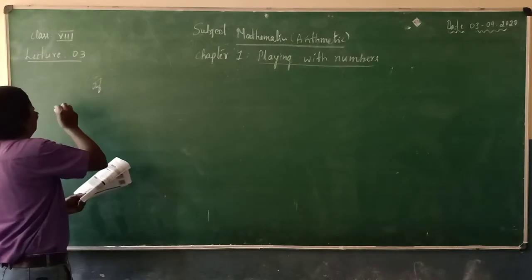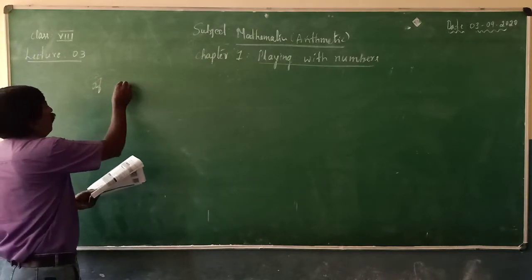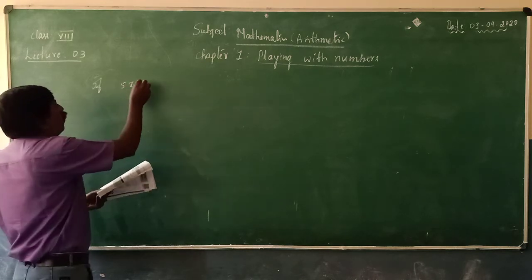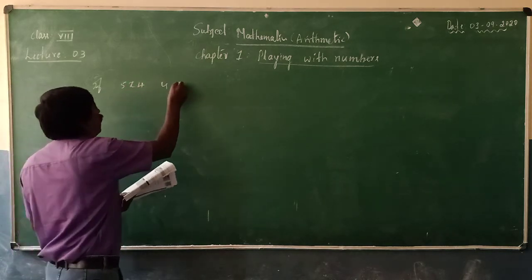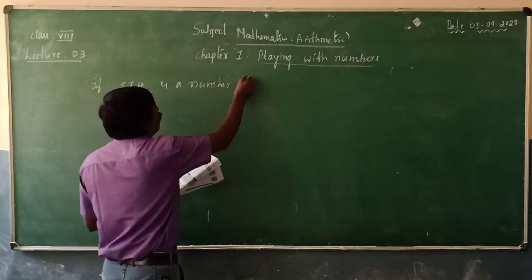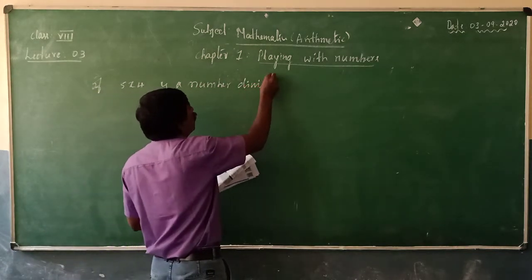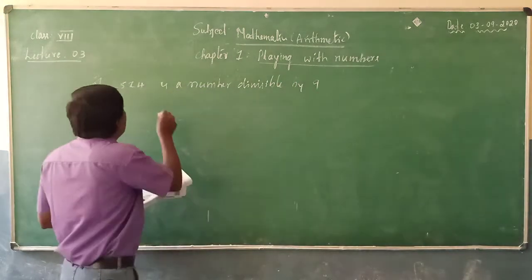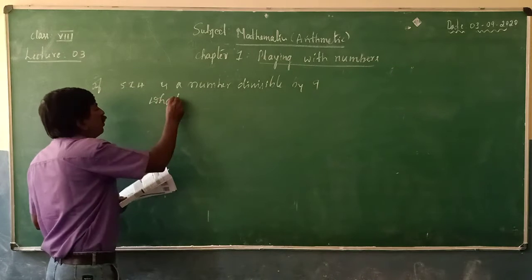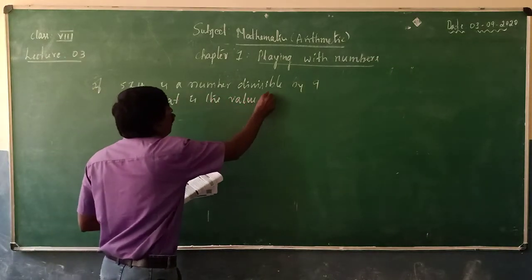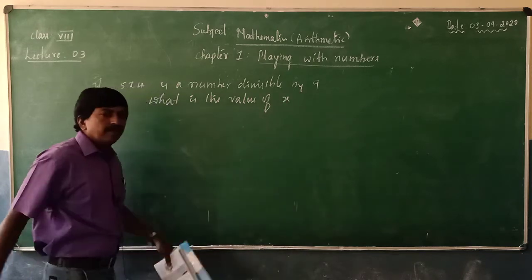If 5x4 is a number divisible by 9, what is the value of x?